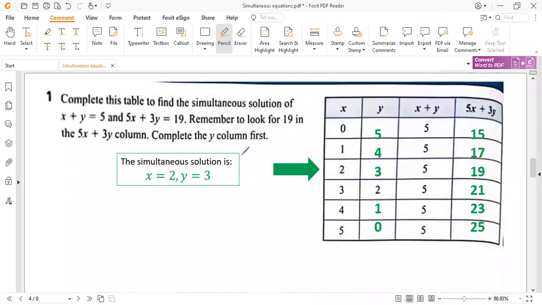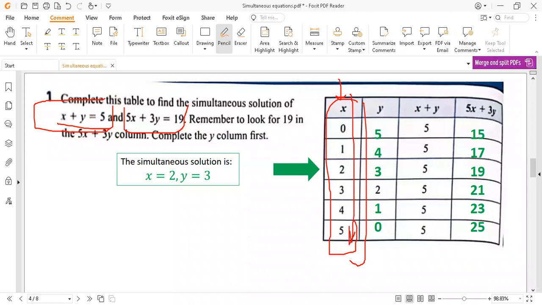Normally, what remains for us in the following exercises is a similar idea to adopt. So complete this table to find the simultaneous solution for x plus y equal to 5, 5x plus 3y equal to 19. So normally, first of all, we take possible values for x, 0 and 5.